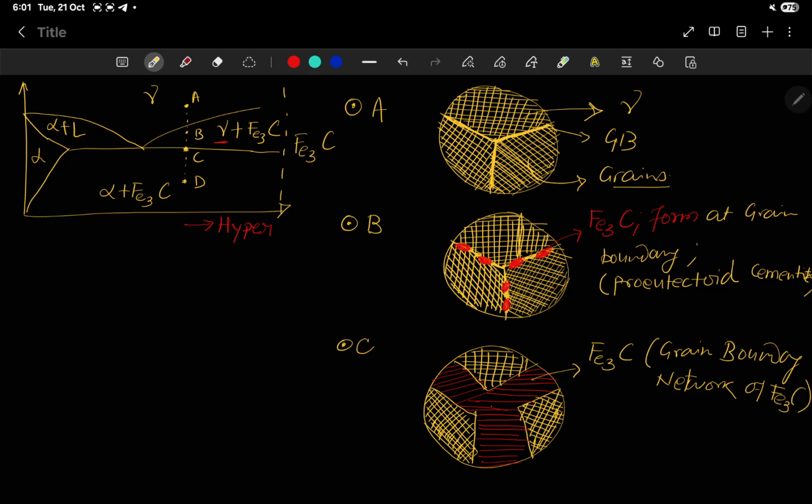This Fe3C is proeutectoid cementite, and this phase is gamma austenite. So this is for point C. Point C is just above the eutectoid line. Now let's explore the microstructure for point D.